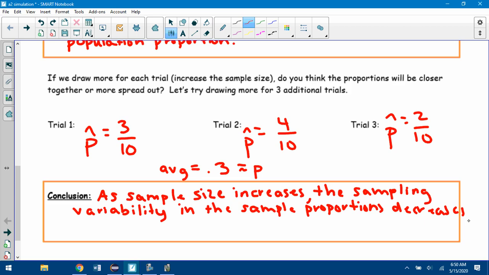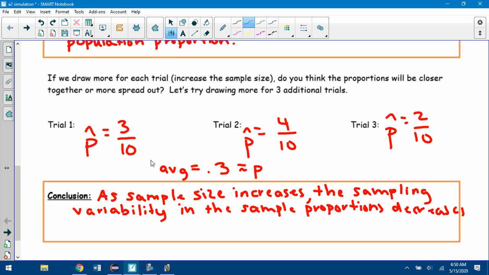Again, probably kind of confusing, so let's break it down. As sample size increases, so as the number that I pick out in each sample increases, the sampling variability, so the difference between the p-hats, also decreases.